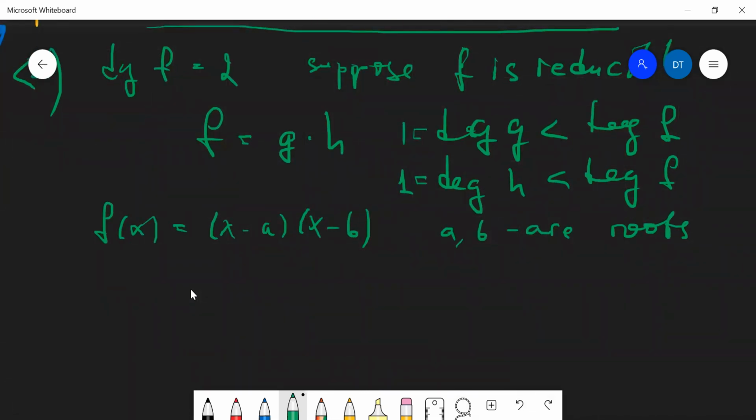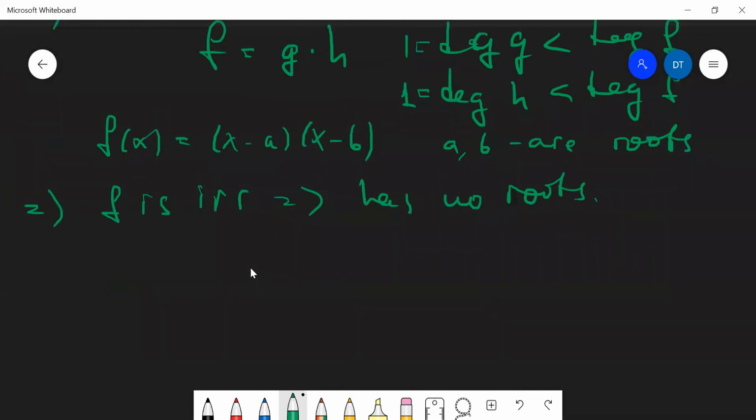So now, just in case, if f is irreducible, well, it has no roots. It should be clear. Why? Because suppose that f has a root, so a is a root. So this implication holds for any degree.